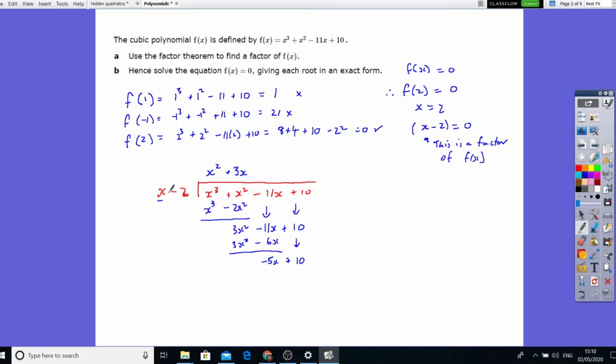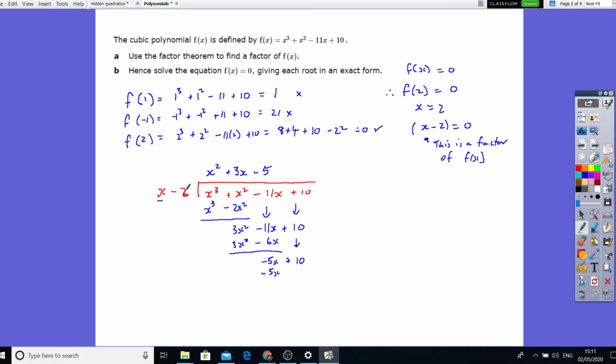Right, what do I need now? Again, I've got rid of the cubic to a quadratic, got rid of the quadratic, so now I'm left with a linear. So all I need to do is divide x by this linear. What do I times x to give me minus 5x? So this is going to be minus 5. Minus 5 times x is going to give me minus 5x.